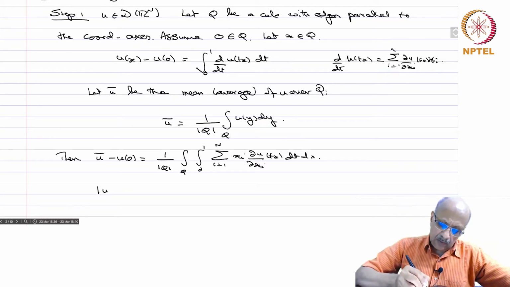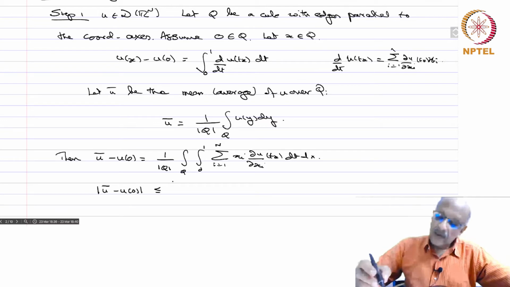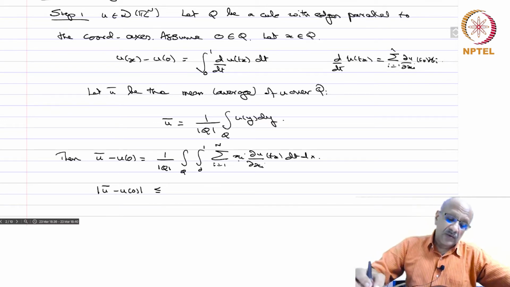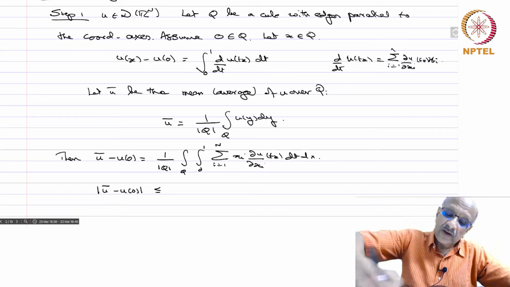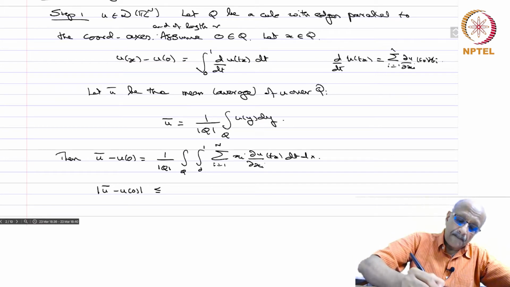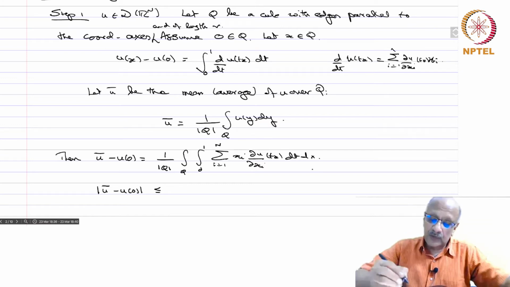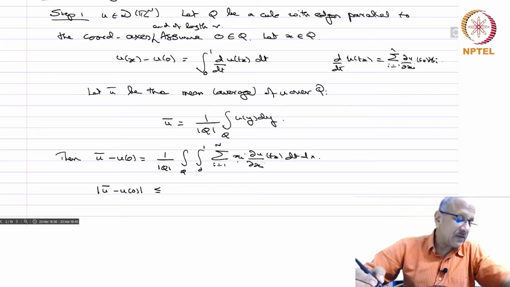Okay. So now you take mod u bar minus u(0), that is less than or equal to, mod of x_i will be less than r, because the cube has edges parallel to the coordinate axis and of length r. So r is the length of the side of the cube, 0 is in the cube, x is there, so mod x_i will be less than the length of the side of the cube.